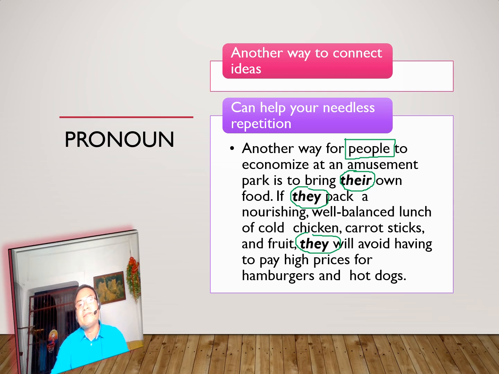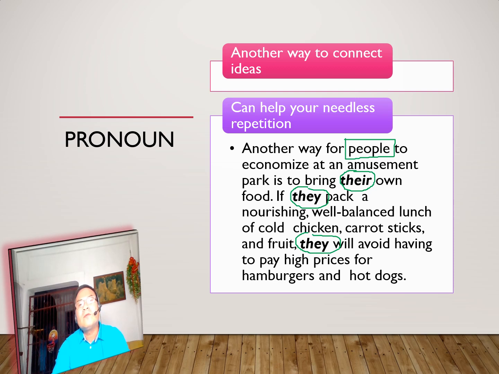If you pack, okay, so sometimes we shift instead of making use of the consistency of their, they, because the pronoun they is plural, right? So sometimes you shift pronouns. So sometimes you say if you pack, but then you're referring that to the word people, right? So third person. So they.